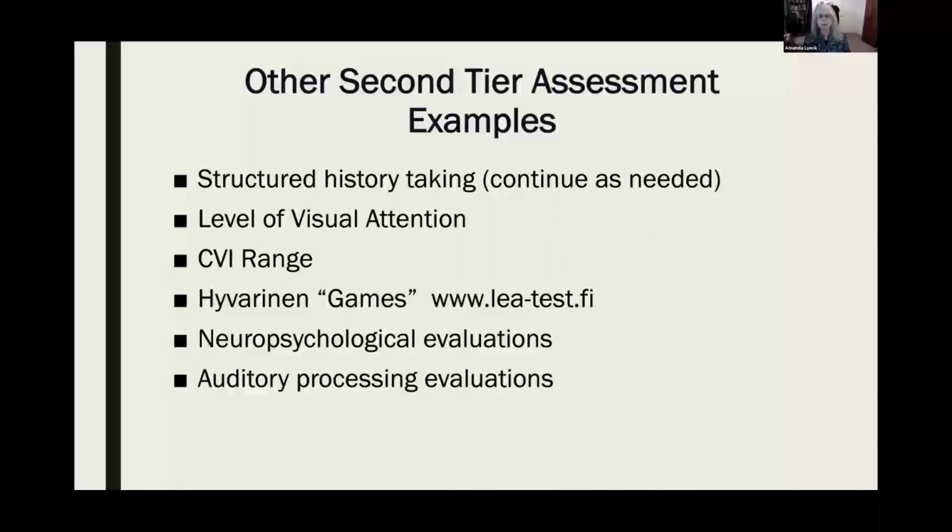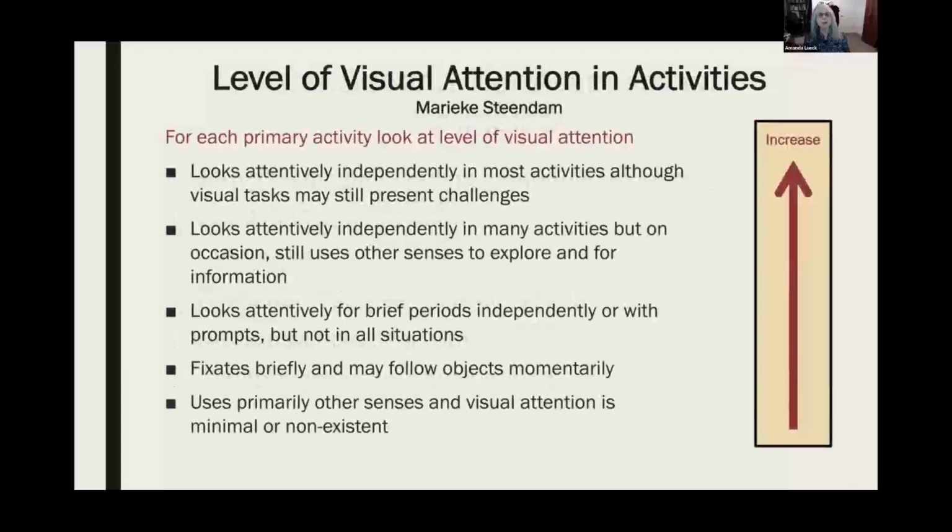These different aspects of CVI may all be operating, may not be operating, but there are different ways of looking at CVI, and there are different consequences of CVI, and no one assessment looks at all the things that are associated with CVI. So in the second tier, we talked about the structured history taking, and that would be continued as needed.